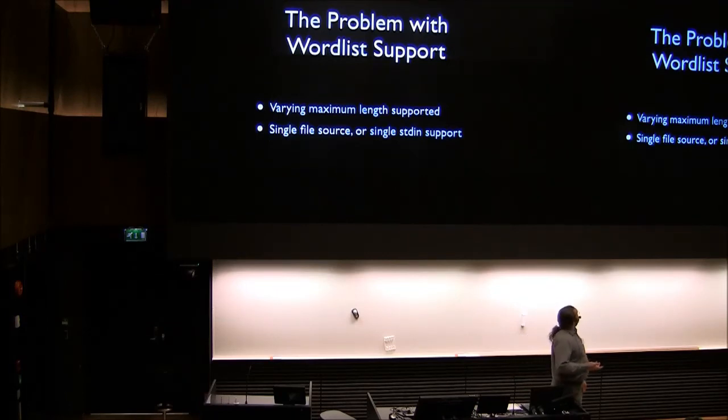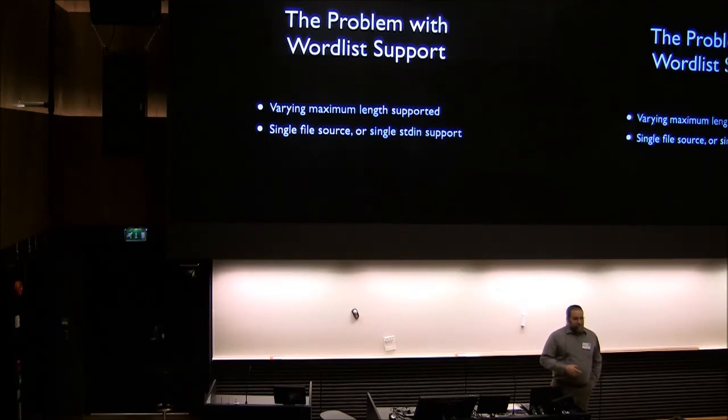In some cases, this is algorithm specific, in some cases it's architecture specific, but right now there's not a reliable way to run a long sentence through password cracking tools. Most of the tools support up to a maximum length of, say, 27 characters for NTLM, 55 for MD5, because this is what you can fit in one block operation.